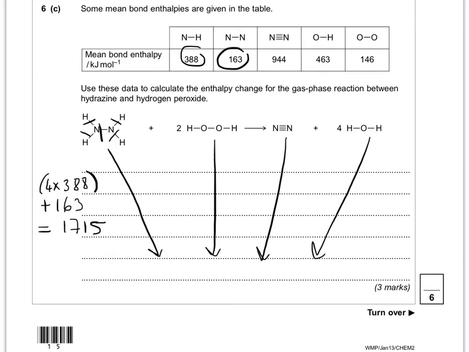And then on the next one, hydrogen peroxide, you've got 1, 2 OH bonds per molecule, but there's 2 molecules, so that's going to be 4 times OH, so 4 times 463, plus 2 times this OO bond, 2 times 146.